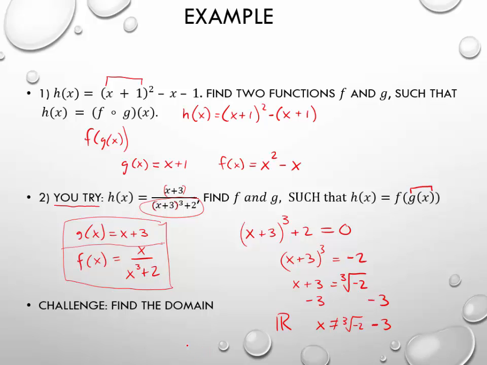Yes? No. Because the cube root can be negative, so you don't have to compensate for that. See, why we compensate for x squared is because with x squared, you can plug in two numbers to get an outcome of the same number.